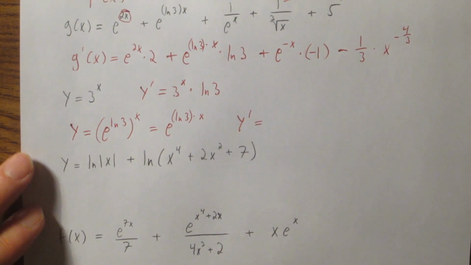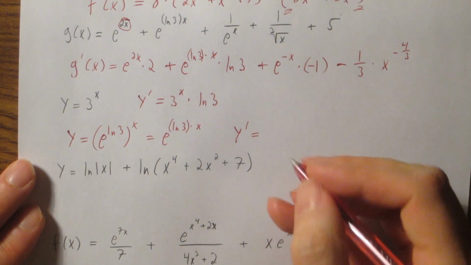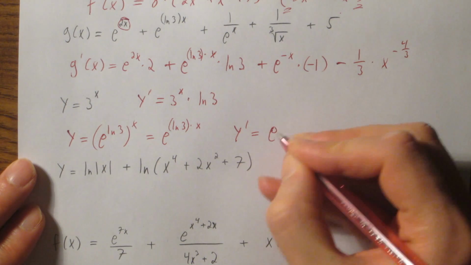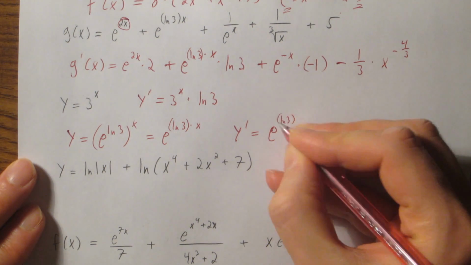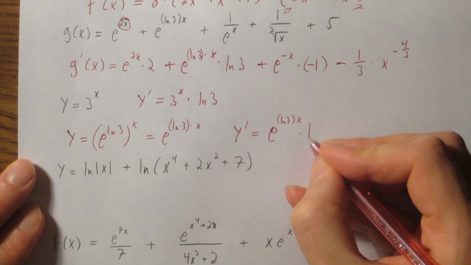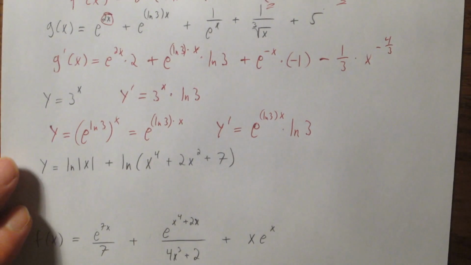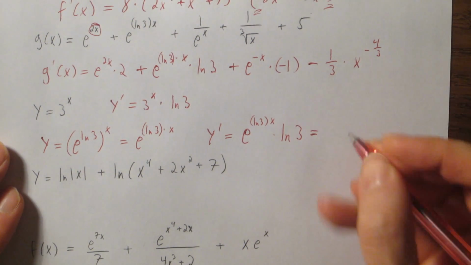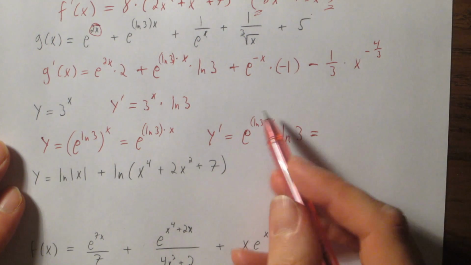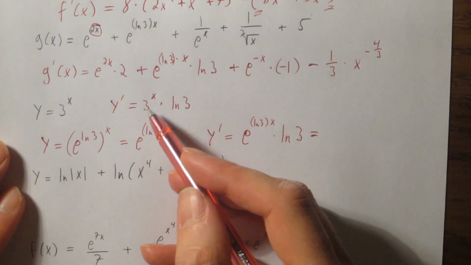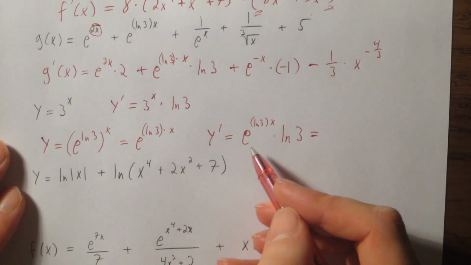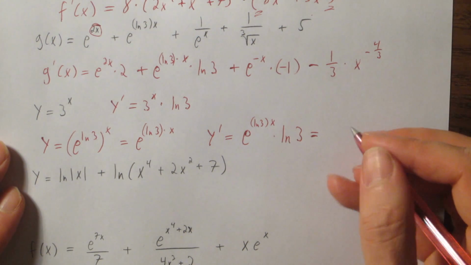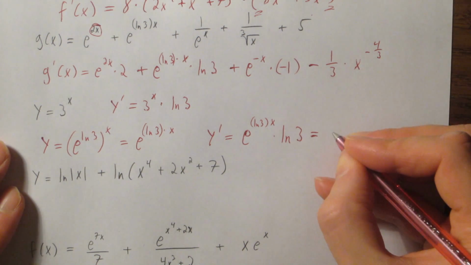So y prime. Notice that effectively I'm taking a new line when I find y prime. Y is definitely not the same thing as y prime. And when I give the answer, I'm going to use that this is 3 to the power of x, because 3 to the power of x, we just saw a couple of seconds ago, was that. So if a is b, b's got to be a.